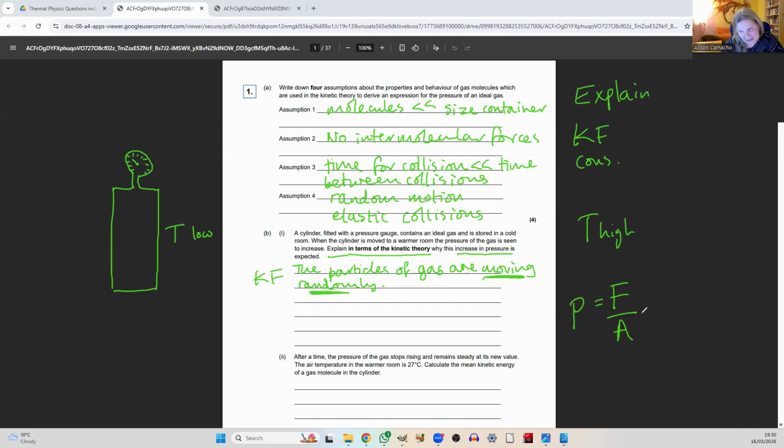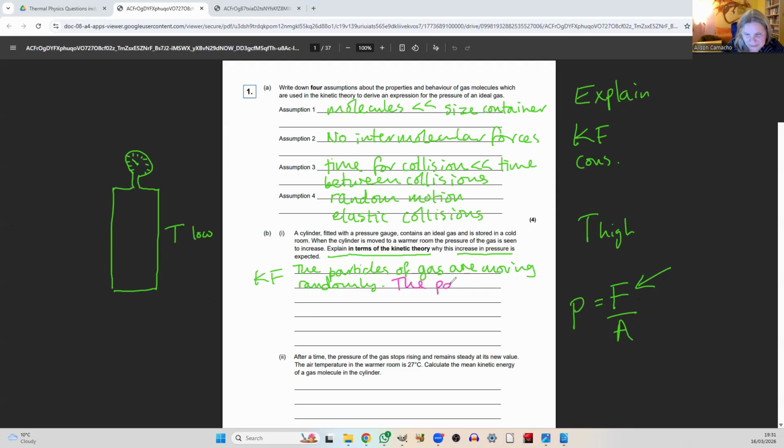Before we get to P is F over A, we've got to go to F. Why do we get a force? That's the next key fact, the consequence of the first key fact. Because they're moving randomly, what happens next?